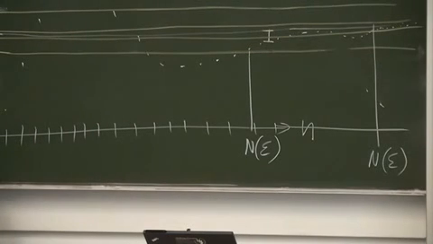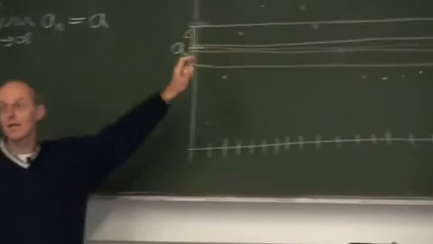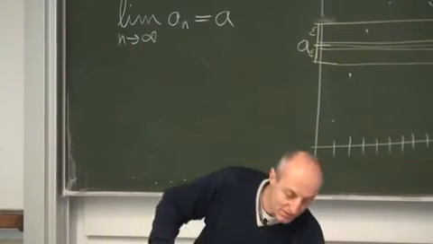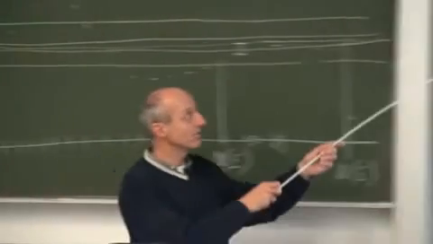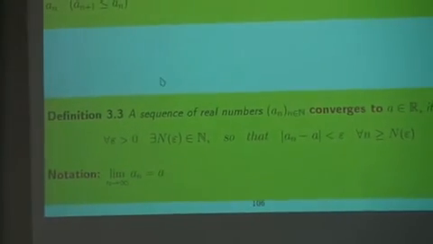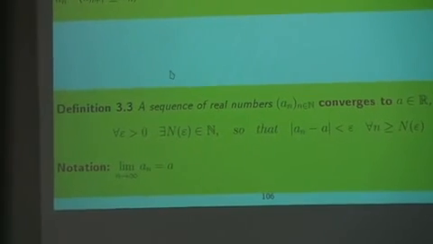So you see this capital N of epsilon depends on epsilon, and that's why it's a function of epsilon. And if this holds, and that's very important, if this holds for all epsilon, no matter how tiny they are, then the sequence converges. And that's very, very important.